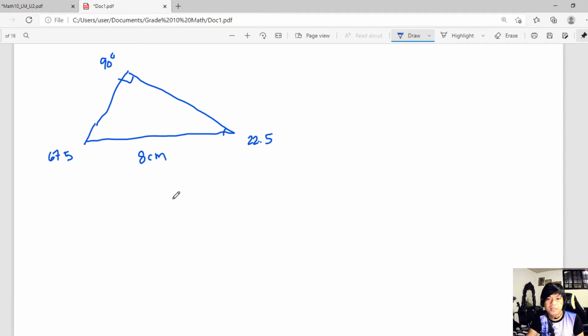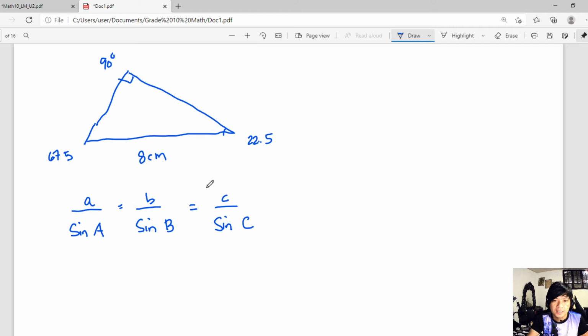So we will use the law of sines. So the law of sines states that small a over sine A is equal to small b over sine B, which is also equal to small c over sine C. So in this case, we will identify each part dito.